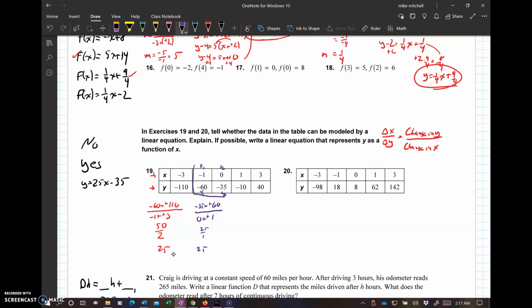So now I just did these two. I need to do these two. So again, x1, x2, y1, y2, -10 minus -35 over 1 minus 0, plus a positive. That's 25 over 1. That gives me 25. And then I got my last one here.